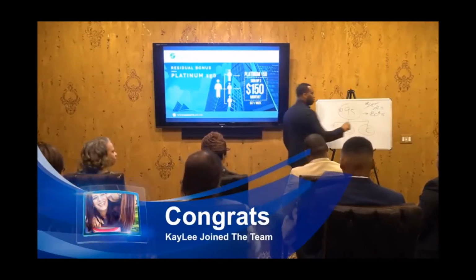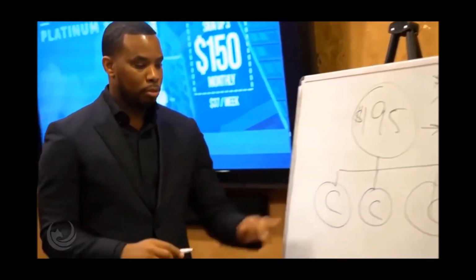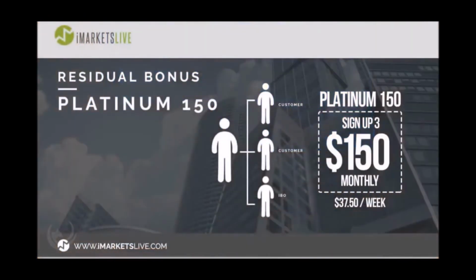So you will now become a Platinum 150 because you've sponsored 3 customers. Correct? And on a monthly basis, we will send you a commission check. We actually pay it out to you weekly too, but in a month, $150. Okay? $150 for 3 customers.